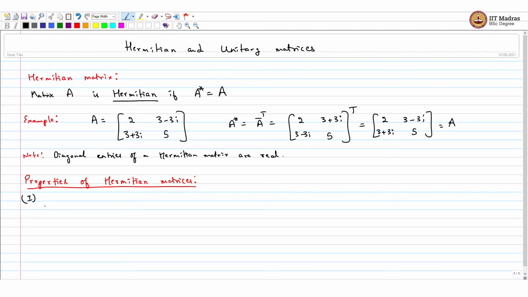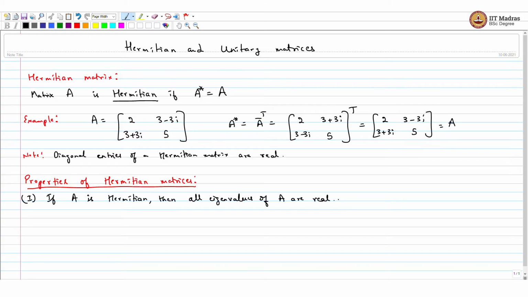The first important property is: if a matrix A is Hermitian, then all eigenvalues of A are real valued, they can't be complex.